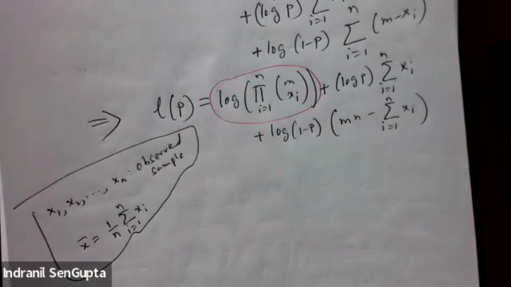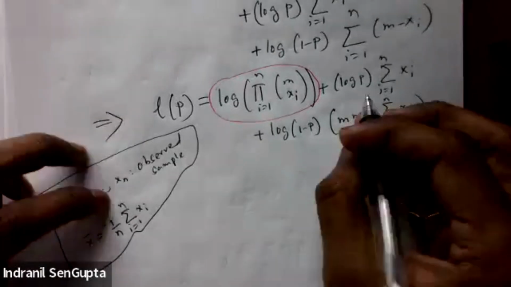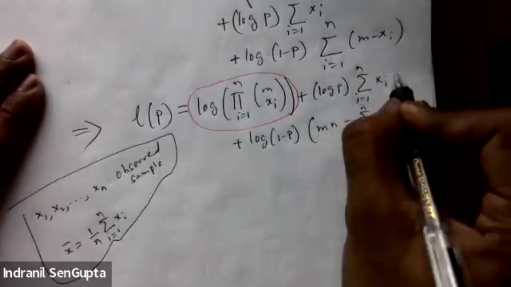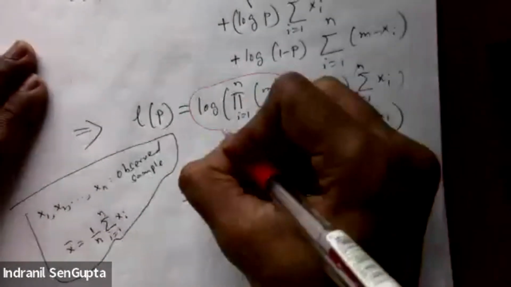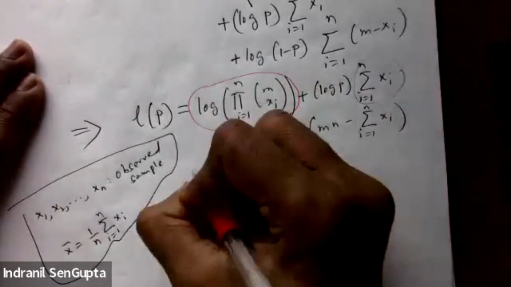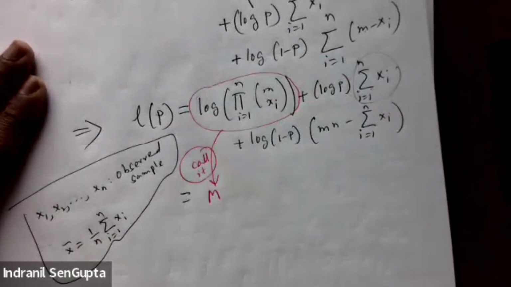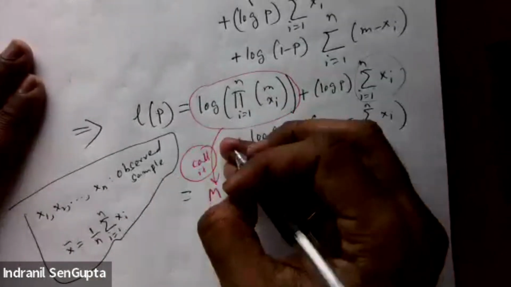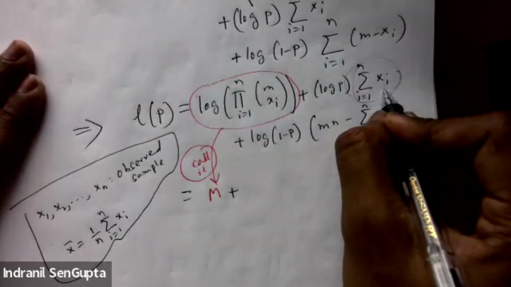And here, all these are sort of observed sample, right? So I can write this quantity as, I don't want to carry this term. So let's call this one, say, m. Call it m.